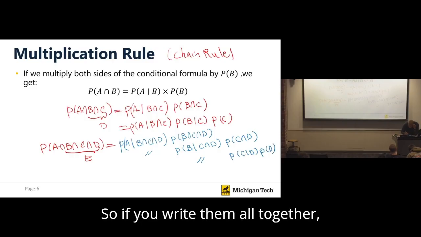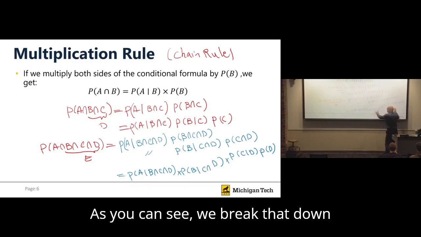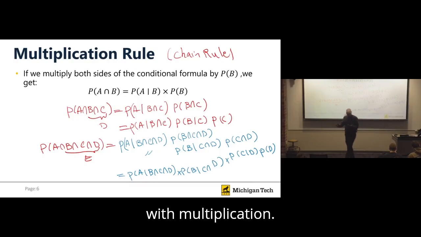So if you write them all together, it's going to be P of A given B, C and D, times P of B given C and D, times P of C given D, times P of D. As you can see, we break that down with multiplication.